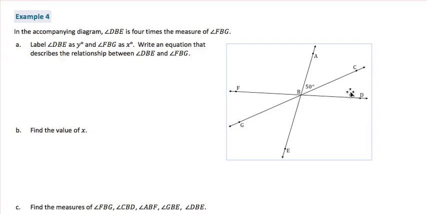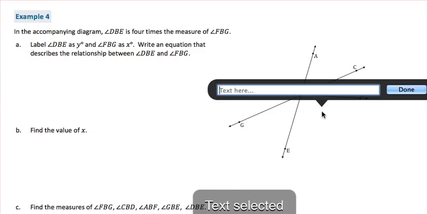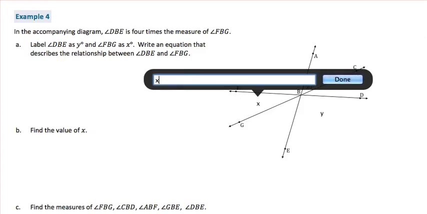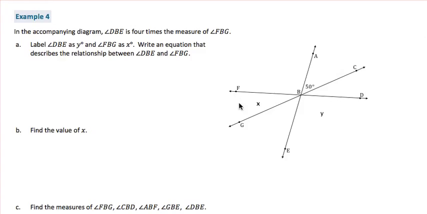We're going to label DBE as Y and FBG as X. And then write an equation that describes the relationship between DBE and FBG.